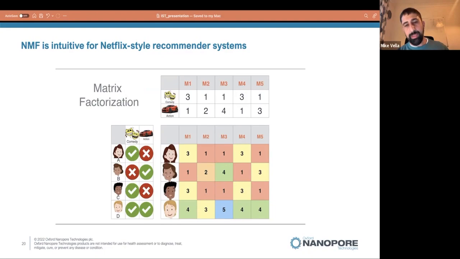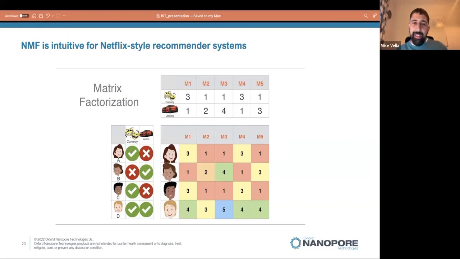And then we've created 2 tables. The first table is we've created 2 genres of movies, comedy and action. And for each movie, we assign it a quantity: how much comedy does it have and how much action it has. The first movie is a 3 and a 1. The second movie has 1 comedy and 2 action. The third movie is all action, very little comedy, and so on.